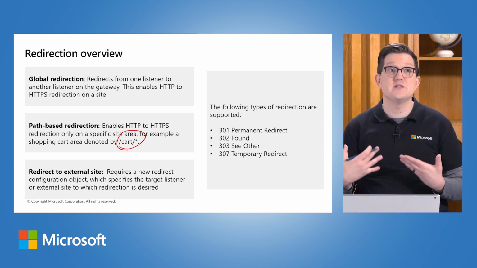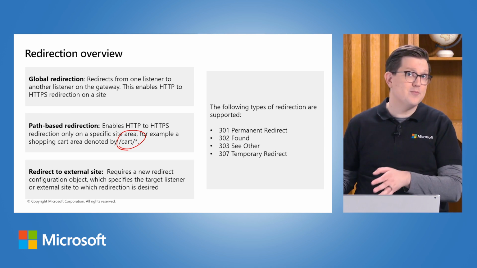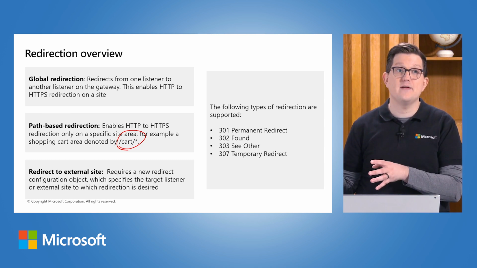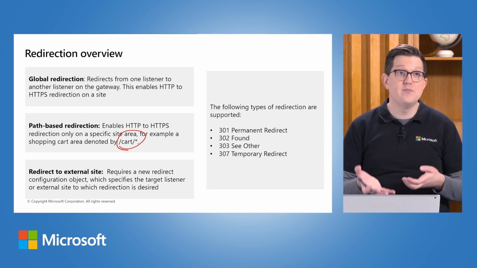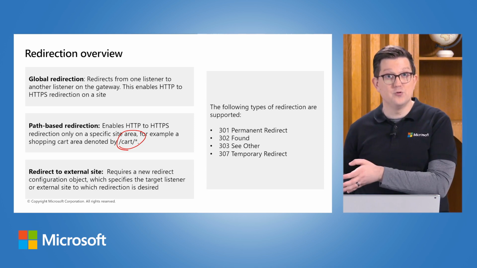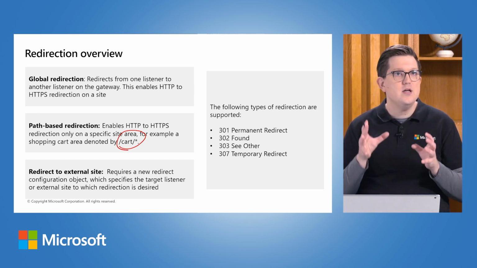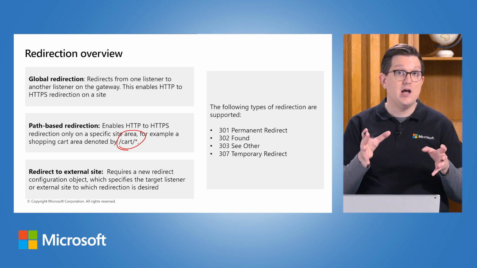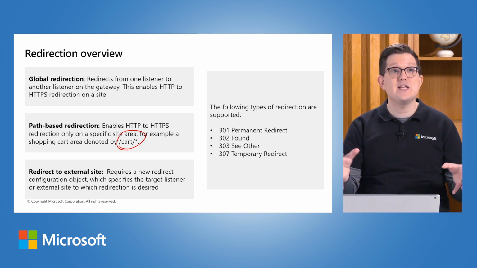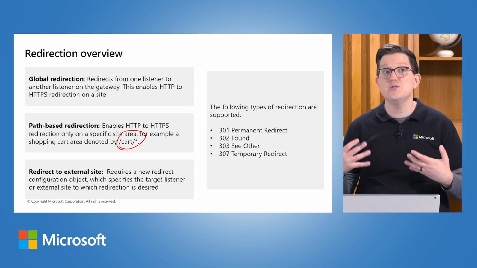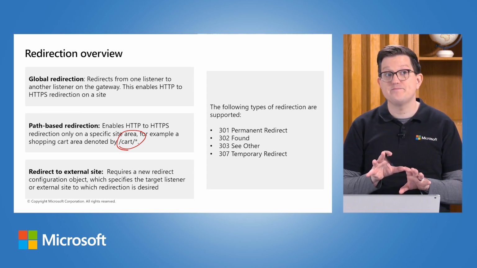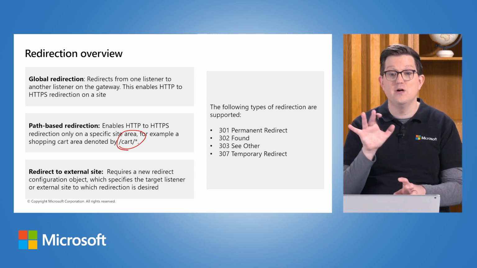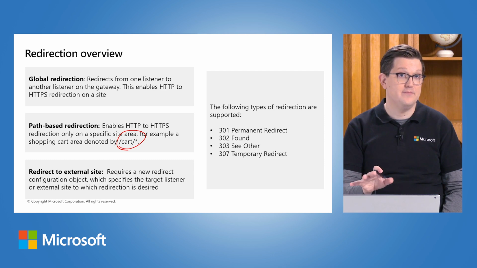So someone attempts to get their shopping cart, redirect them across to the shopping provider that hosts that. We are able to return these codes in a custom format for each different type of rule. There is huge potential here. Again, allowing you to modify and make changes to sites and applications you may not have full control over in an easy way. Super, super useful, super nice if you need it.